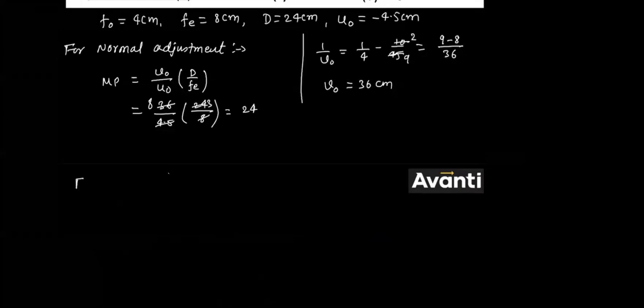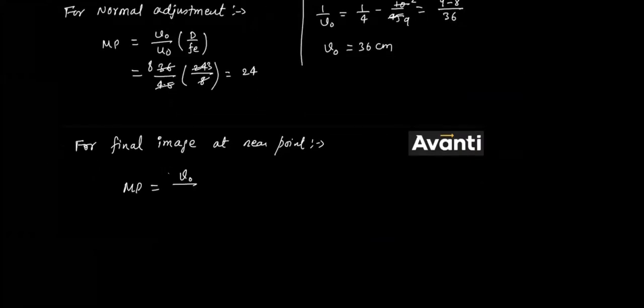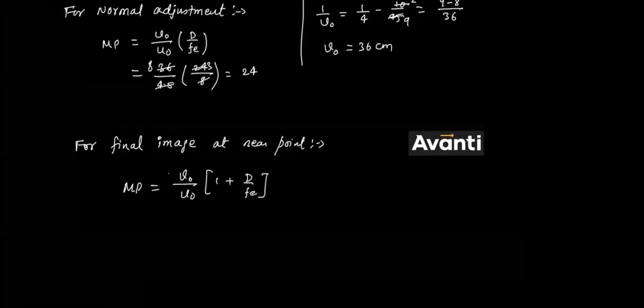So for final image at near point, you will have the magnifying formula as V0 divided by U0 into 1 plus D by FE. ठीक है ना? बताता हूँ बच्चा, रुक जाना प्रतीश, बताता हूँ उसका मीनिंग क्या है.